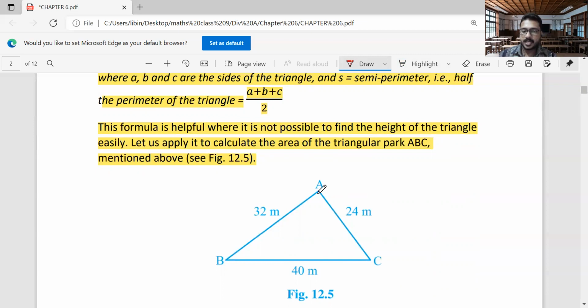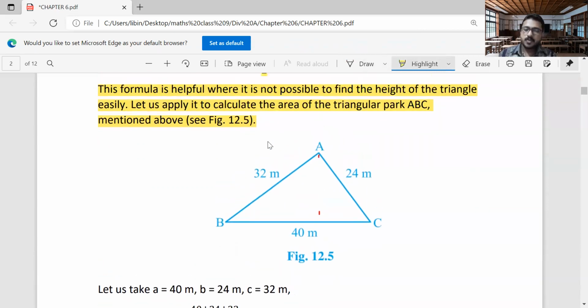You know what I mean by height? We are talking about this quantity, the perpendicular distance. If we are taking BC as the base, we don't know anything. Now if we are taking the side AC, still we don't know about the height. There is no clue given to us.